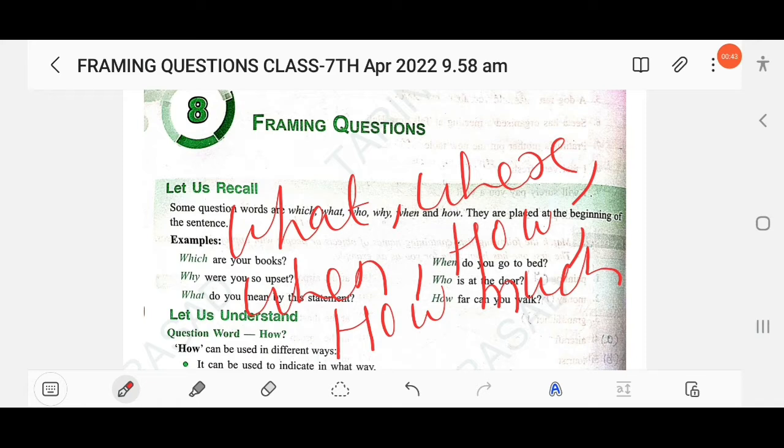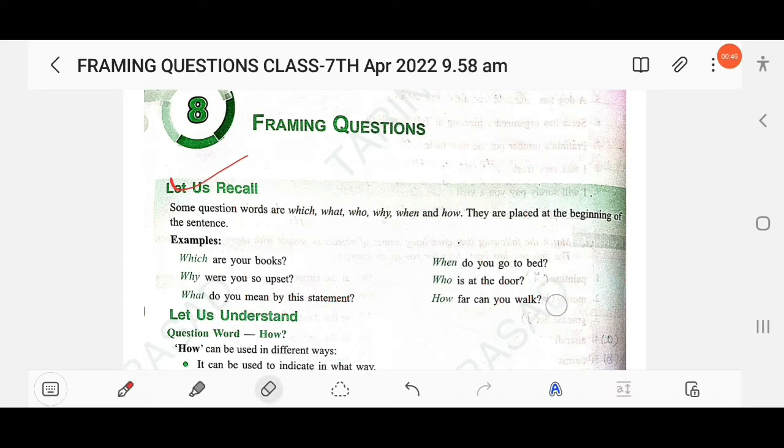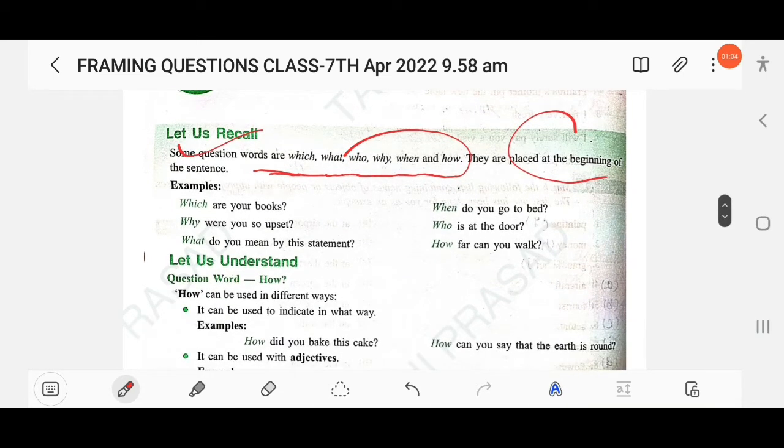There is also a structure to follow when you form WH questions. Some question words are which, what, who, why, when and how. They are placed at the beginning of the sentence. Here some examples are provided.